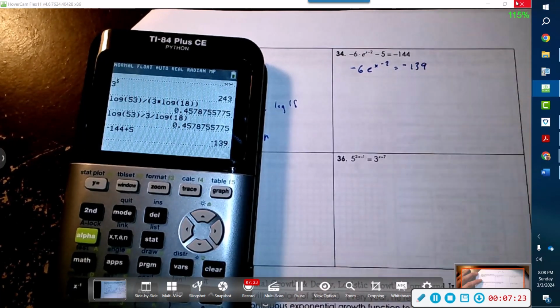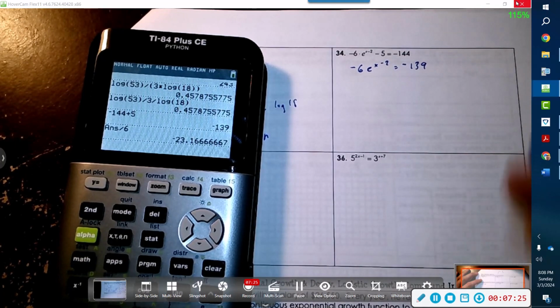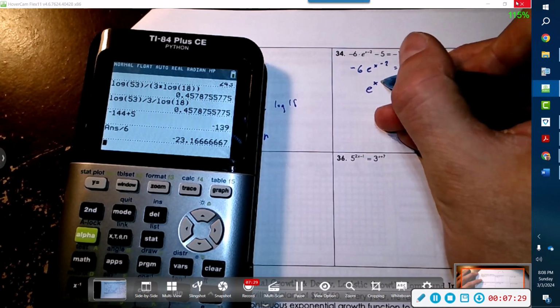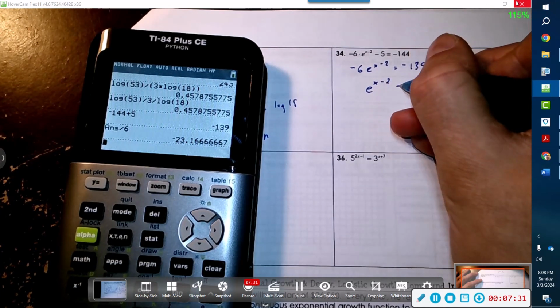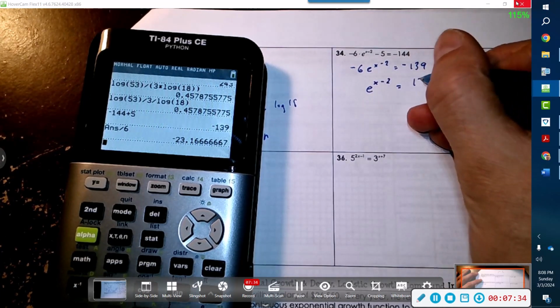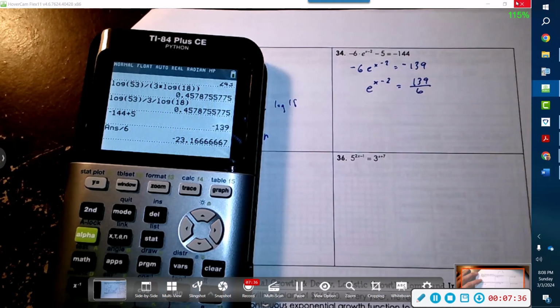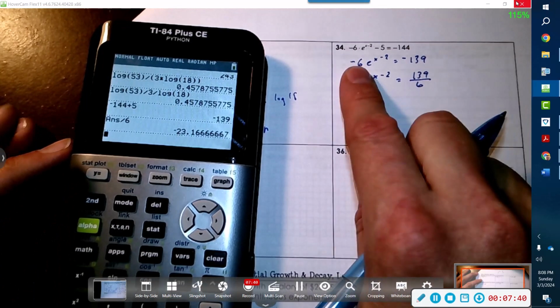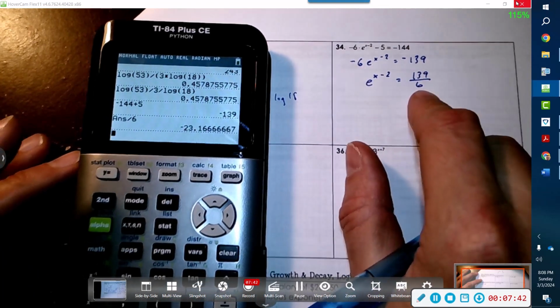Then we're going to divide by 6. So we're going to have e to the x minus 2 equals positive 139 divided by 6, because that's negative, so we're going to get a positive number.